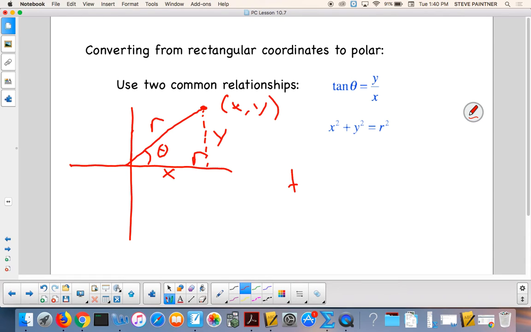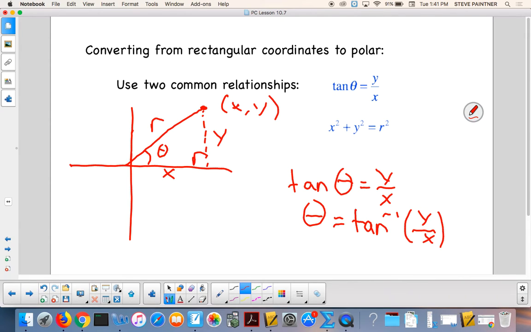Yeah. So if we take tangent of our angle, we get y over x. Well, if we know something that's in rectangular coordinates, we know x and y. So, using x and y, we can solve for theta. How can we solve for theta? Inverse tangent. You can take the inverse tangent of both sides to get theta is equal to inverse tangent y over x.